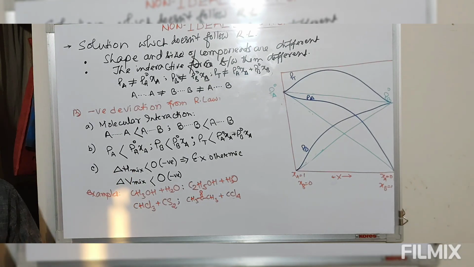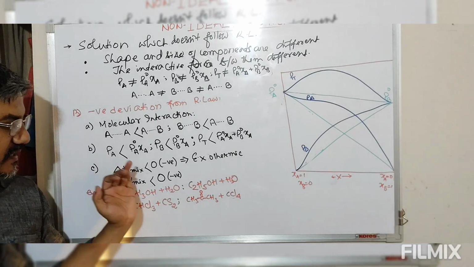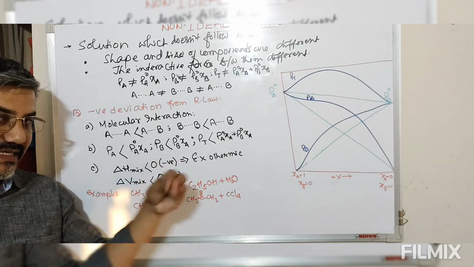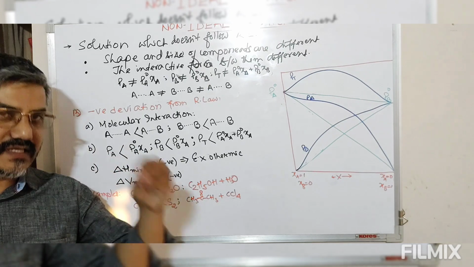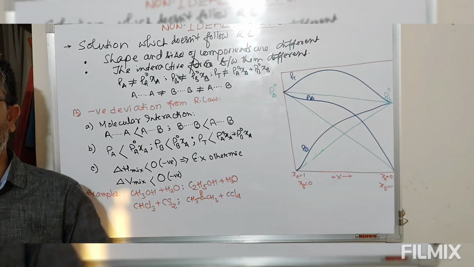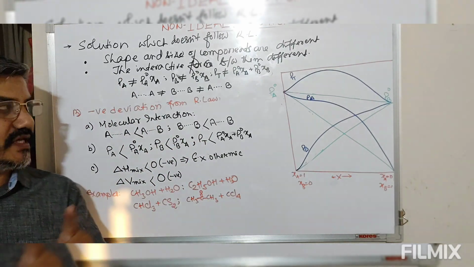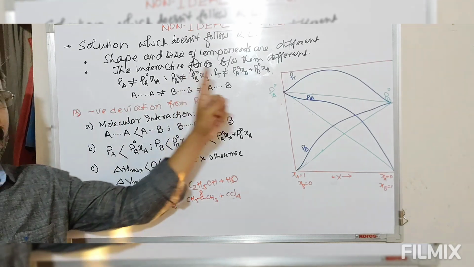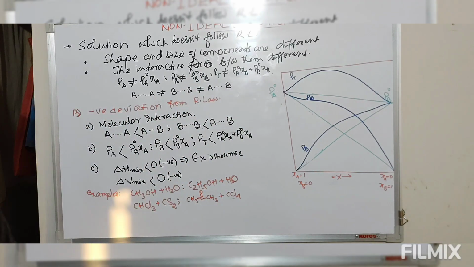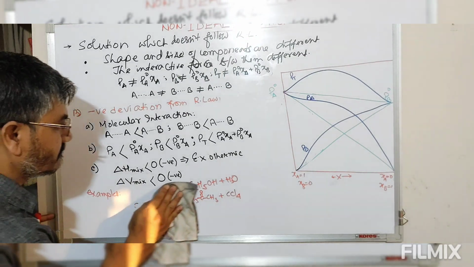Hence, the enthalpy change is negative. Since the enthalpy change is negative, heat is released, and that released heat will increase the temperature of the system. So if in a particular solution mixing there is an increase in temperature, then the type of solution is negative deviation from Raoult's law. Now examples of solutions showing negative deviation.